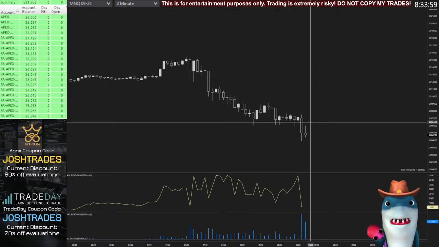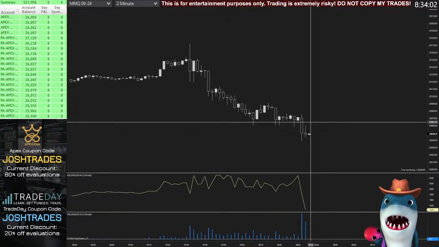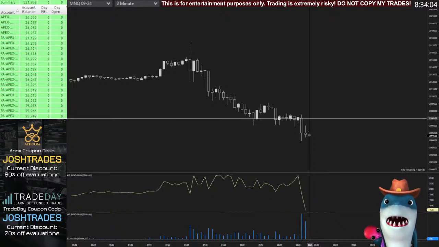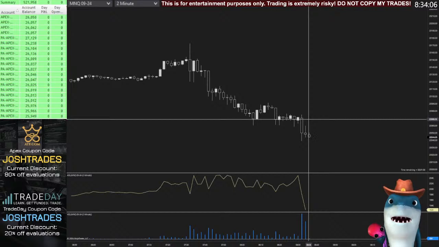You can see that I'm showing all my Apex accounts on the right here on the screen. Right now I have 16 PAs and 4 evaluations, and you can see all the account balances.